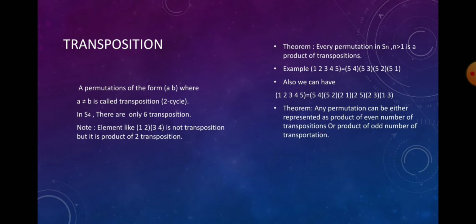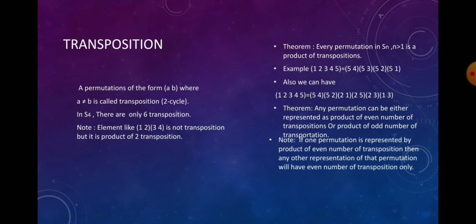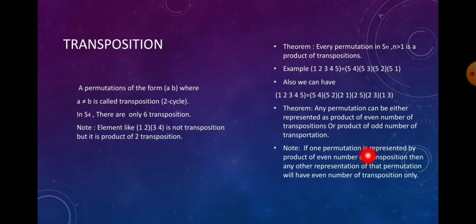That means if one representation of a permutation is a product of an even number of transpositions, then any other representation of that permutation will have an even number of transpositions only. Similarly for odd.